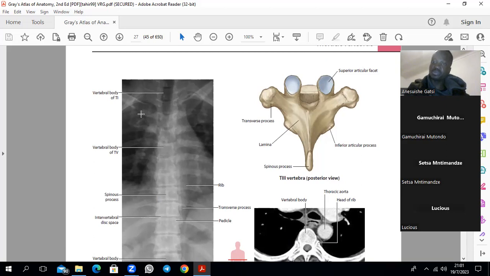Right? Then we will also be having ligaments. There is the anterior, then the posterior longitudinal ligaments. Longitudinal means they run longitudinal to the spine. Then we also have other ligaments, for example, supraspinous ligaments.